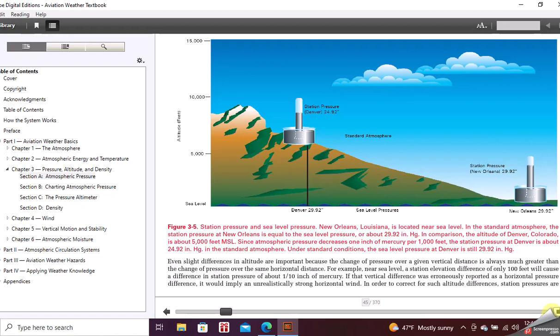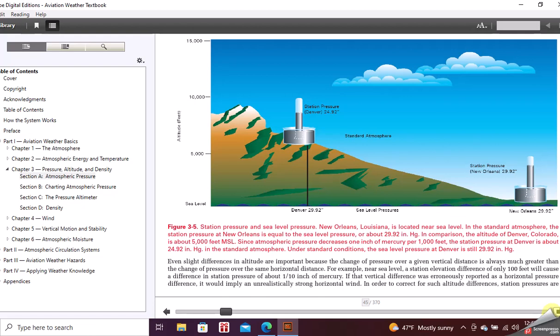The simplest and easiest way is to use the standard atmosphere. If you do that, we can take whatever the pressure is at Denver and immediately get a surface pressure from that by reducing it by knowing the elevation. However, standard atmosphere doesn't always exist.